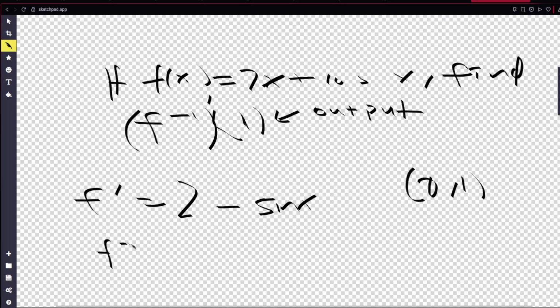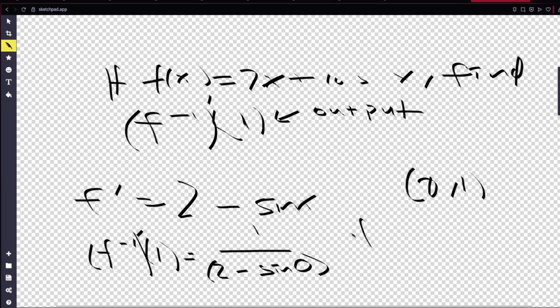So let's do f negative 1 prime of 1, which is going to be equal to 1 over f prime, which is just going to be 2 minus sine, and then the input, which is just going to be 0.